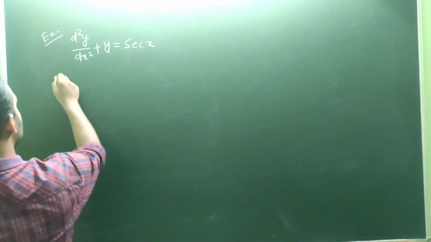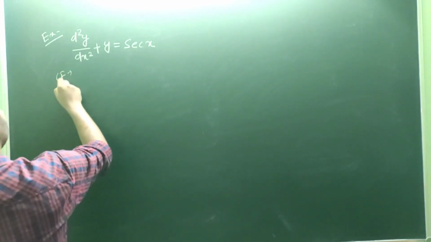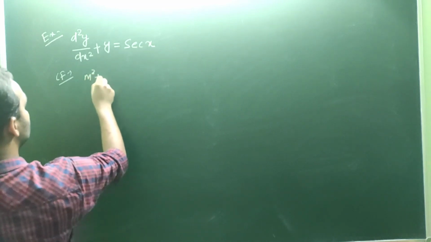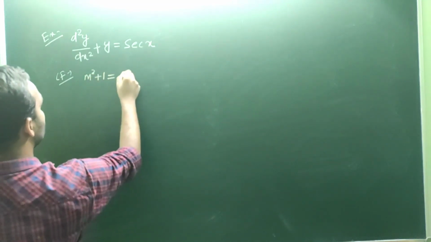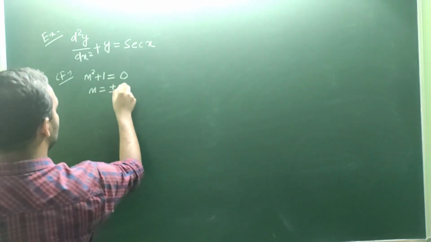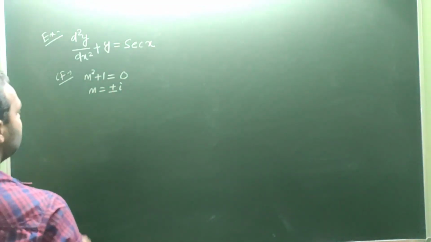Now first of all, find out the complementary function. Like in all cases, this will be m square plus 1 is equal to 0, and here m will be plus or minus i, right?